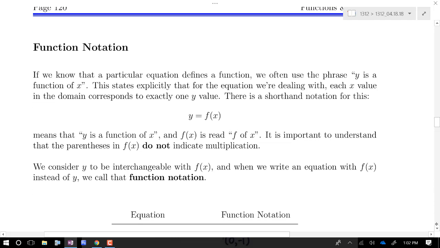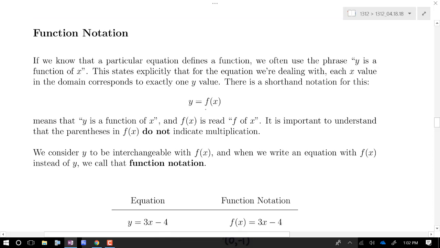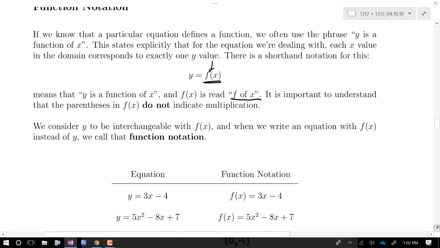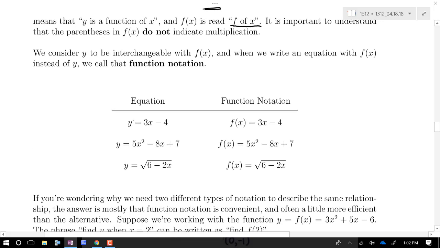So instead of referring to things as y, we might just replace that with the function notation f of x. It's really important to note that we read it as f of x. This is not multiplication. This is not f times x, right? It's function notation. It's a function, not a factor. So any function that we might write as y equals, we could just write as f of x equals.